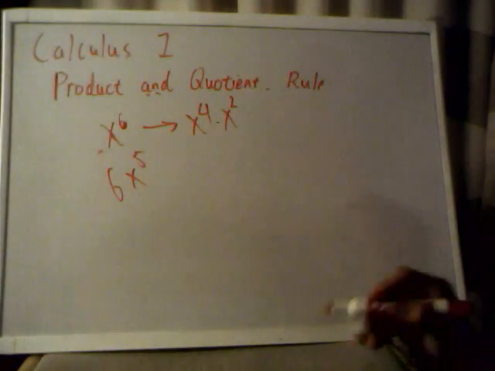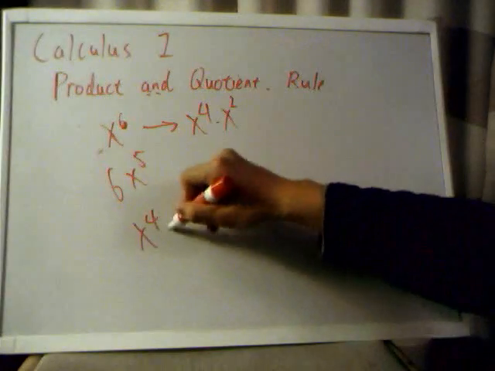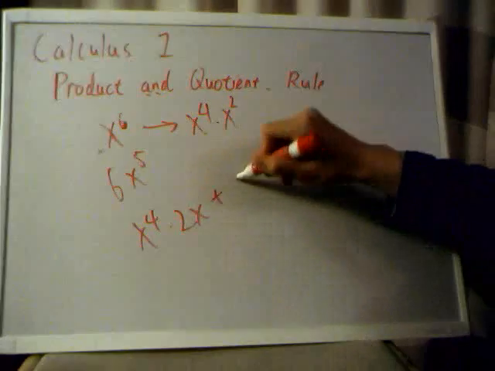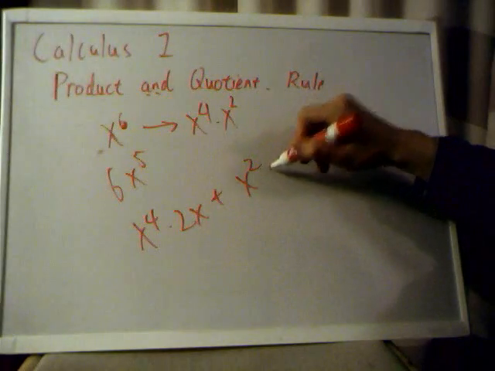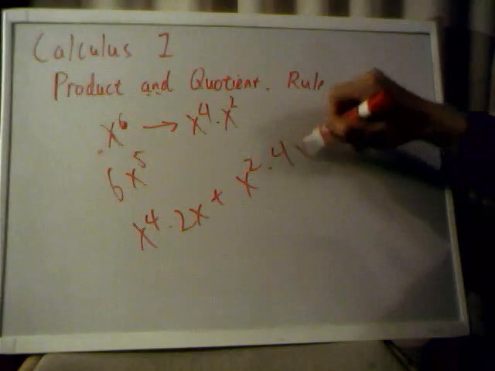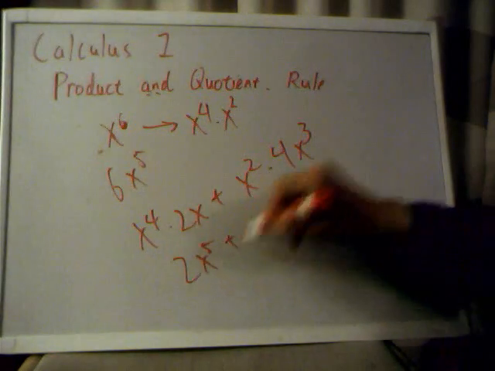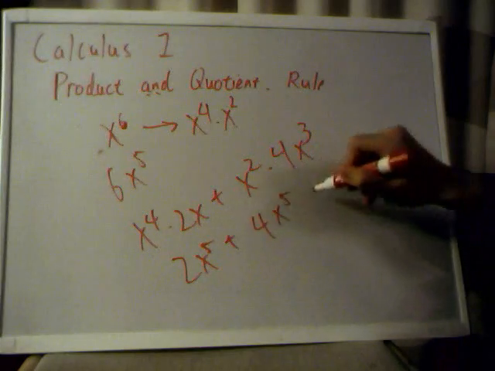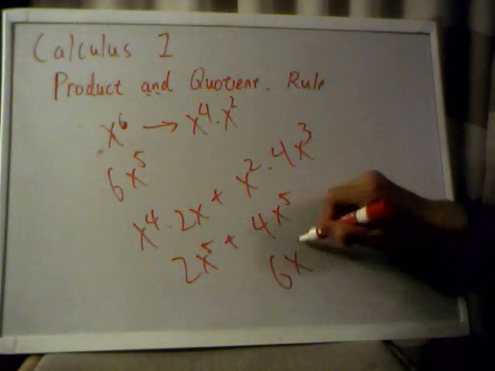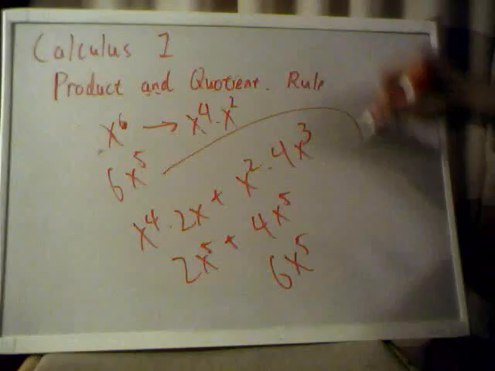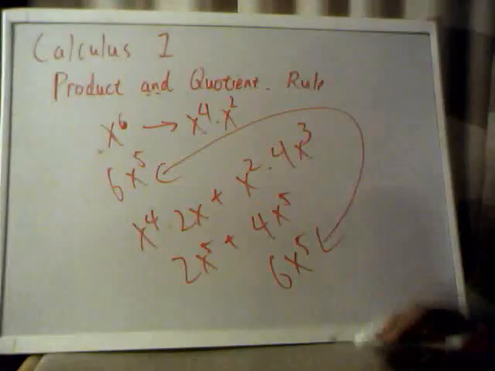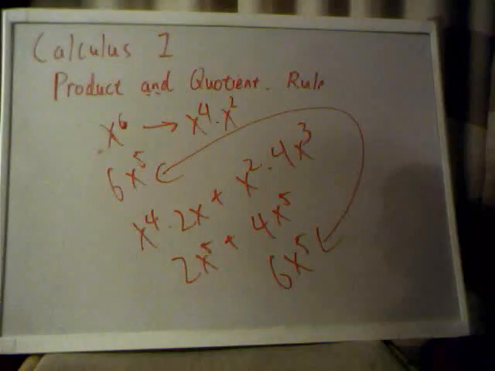Going by the product rule, you have the first times the derivative of the second plus the second times the derivative of the first, which gives you x to the 4th times 2x, which is 2x to the 5th, plus x squared times 4x to the 3rd power, which is 4x to the 5th. You add them together, you get 6x to the 5th power, and clearly you can see that these are the same. And thus, the product rule holds true.